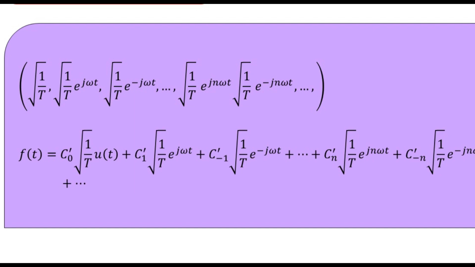This is the first term on the RHS, further added to c1 dash, square root of 1 by capital T, e to the power j omega t, added to c suffix minus 1 dash, square root of 1 by capital T, e to the power minus j omega t, and this way up to cn dash, square root of 1 by capital T, e to the power jn omega t, further added to c suffix minus n dash, multiplied by square root of 1 by capital T, e to the power minus jn omega t here.